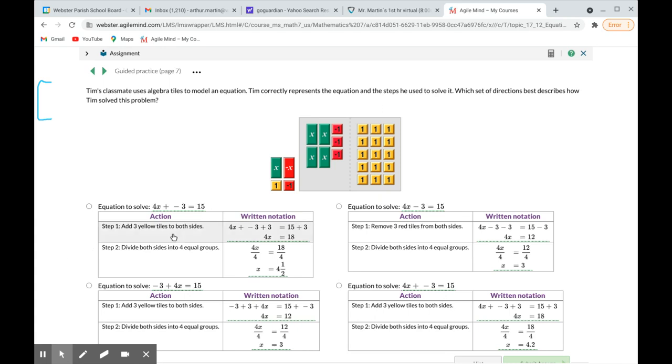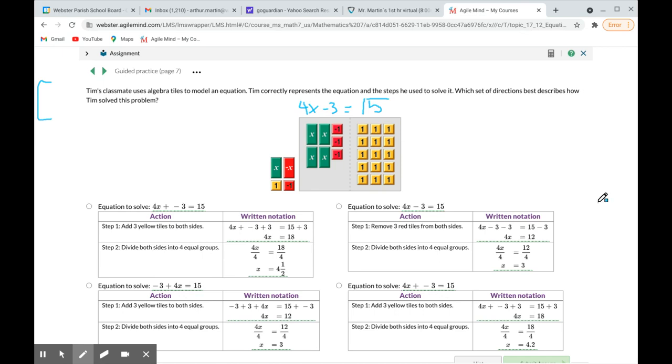All right, so how many x's do we have, Emma? 4. All right, and then what do we have happening next? -3. And then we would say this is equal to how many are here? 15, I think. Good.